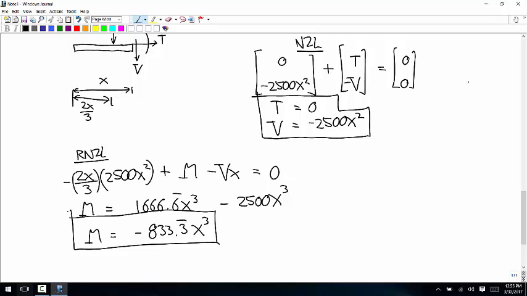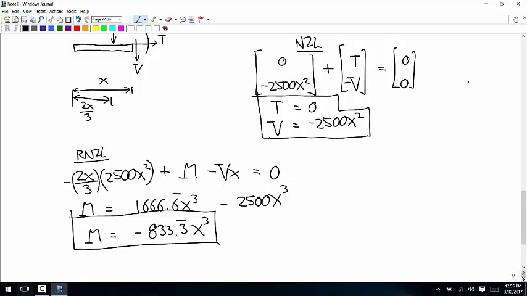And last time I gave you those checks, right? The 6 checks. Well, we can do the derivative checks now. dM/dx is negative 2500x squared. So dM/dx is equal to V. So that one works.